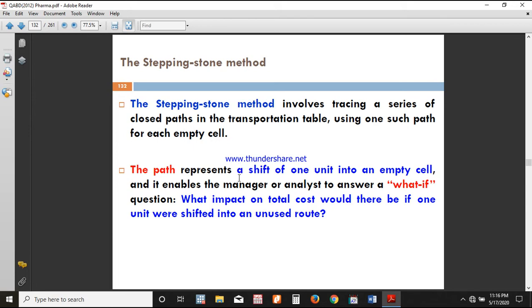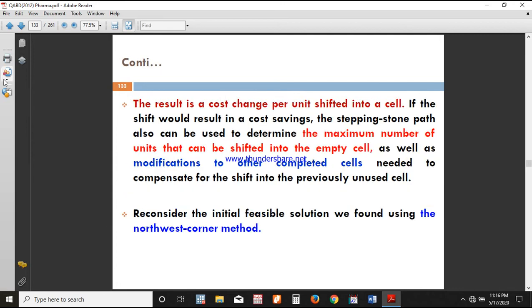The path represents a shift of 1 unit into an empty cell, and it enables the manager or analyst to answer what-if questions, or what impact on total cost there would be if 1 unit were shifted to an unused route. Therefore, the result is a cost change per unit shifted into a cell.